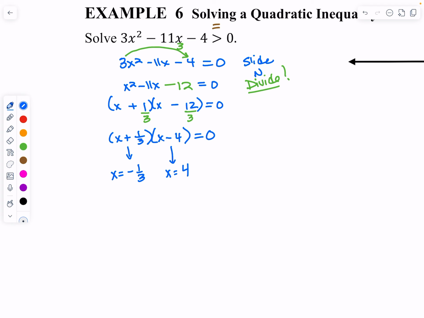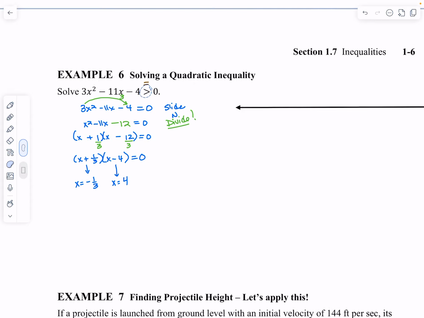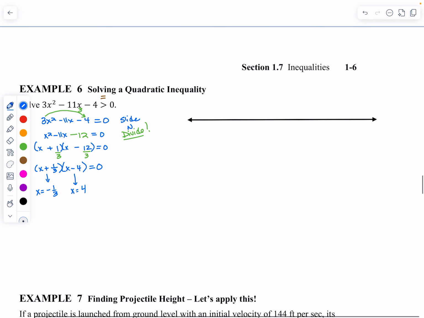So I've solved it, but notice that my problem had an inequality. When you have an inequality, you have to go into the positive negative chart. So let's come over here and let's put -1/3 and 4 on my number line. Notice I'm not actually counting 0, 1, 2, 3, 4, making sure it's right at -1/3. That does not matter.